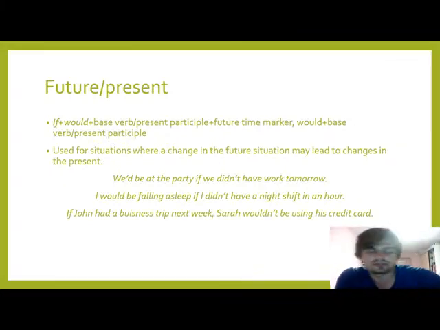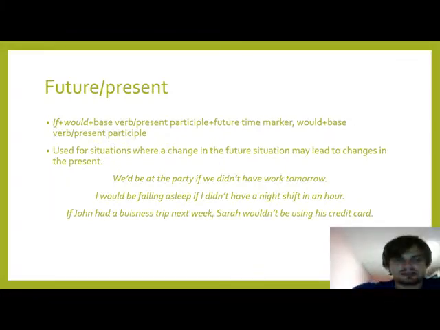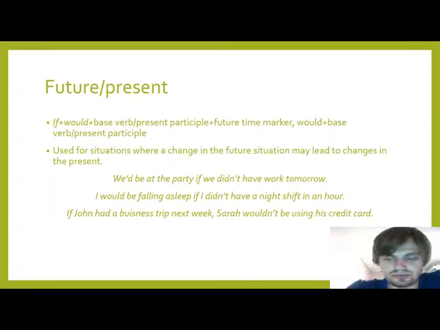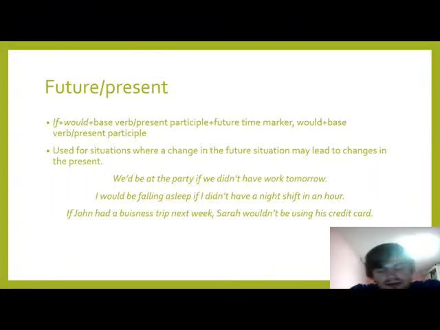If John had a business trip next week, Sarah wouldn't be using his credit card. So, something suspicious. John has a business trip, presumably to a fairly expensive country because he needs some money at least on his credit card. But Sarah's currently doing her shopping with his card, even though he's going to need the money on it.